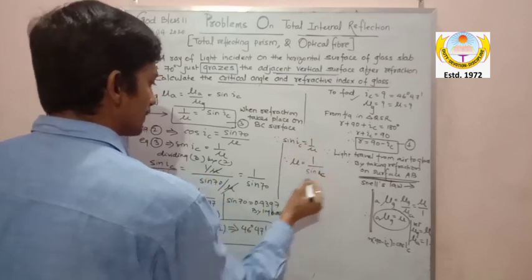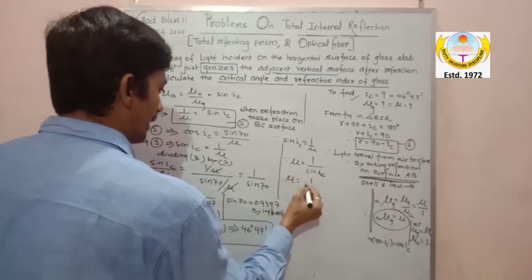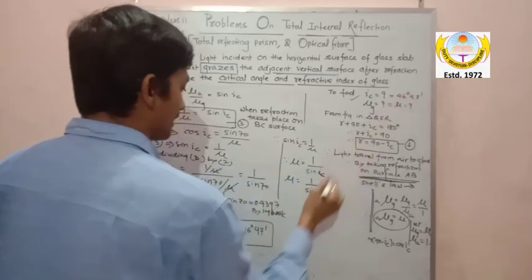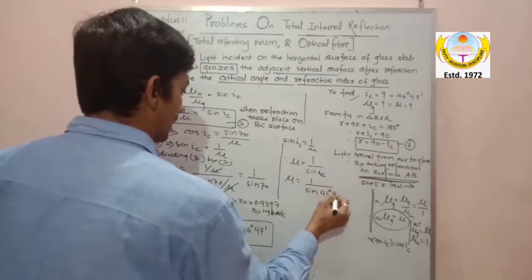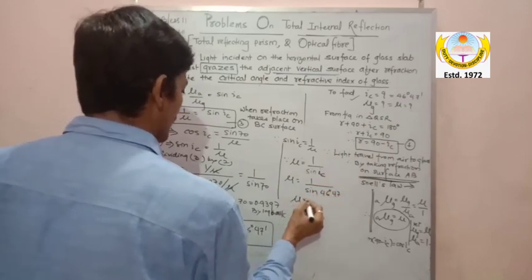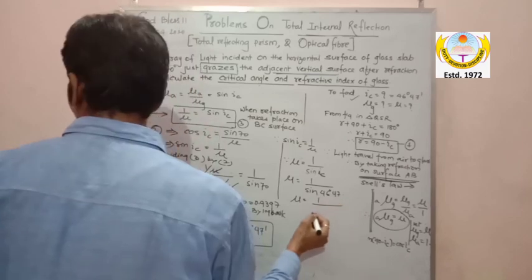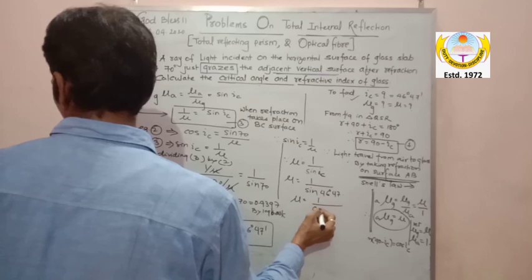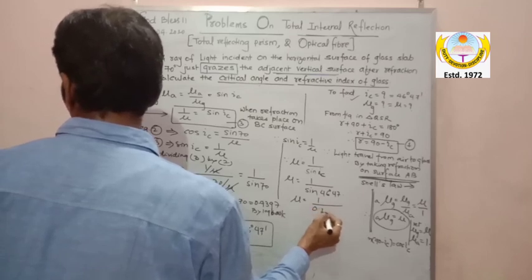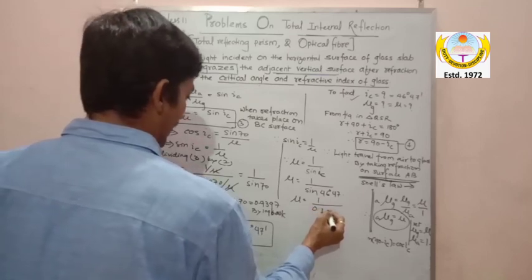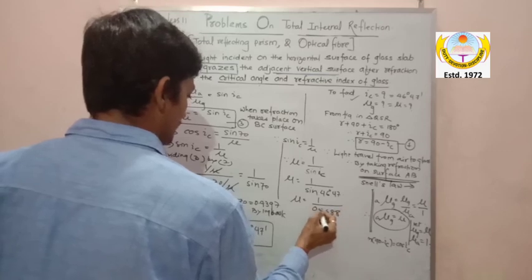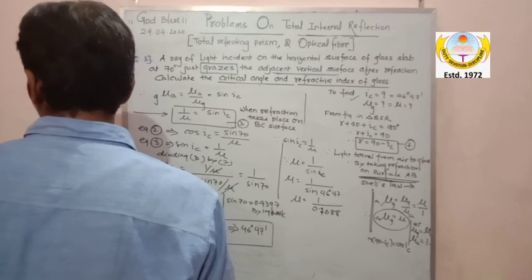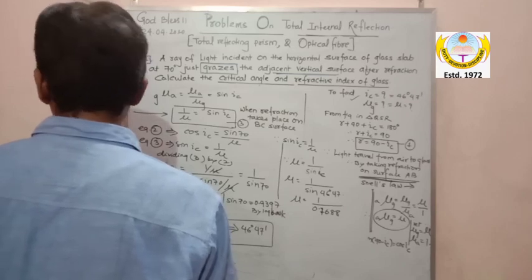So mu is equal to 1 upon sine of IC. I got IC as 46 degree 47 minute. So mu is equal to 1 upon sine of 46 degree, which is 0.7688.